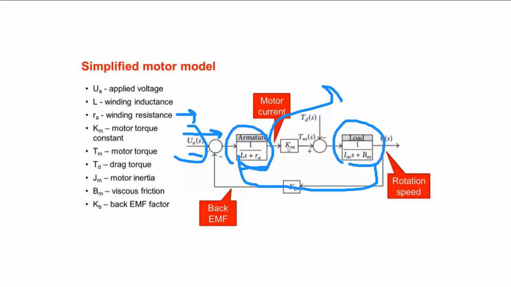Third option, incremental encoder. Generally, in our scientific application, consumer electronic application, also electric motor bike, also simple electric vehicle, etc., we are using incremental encoder.